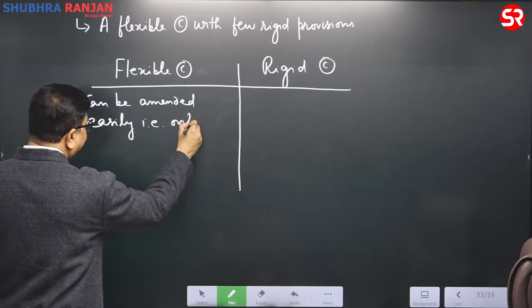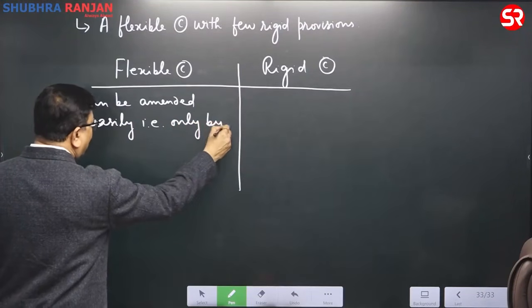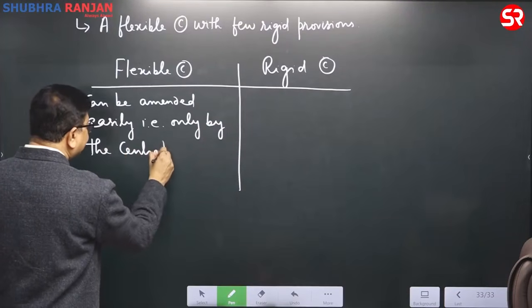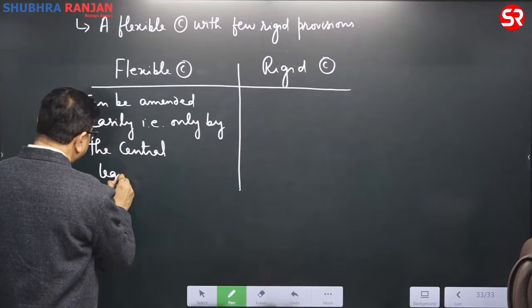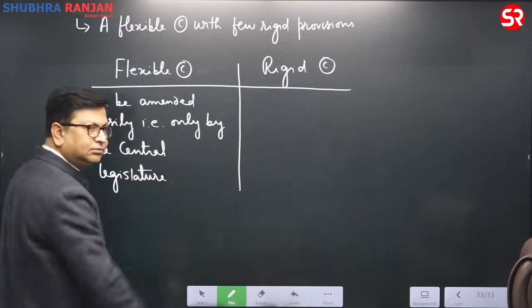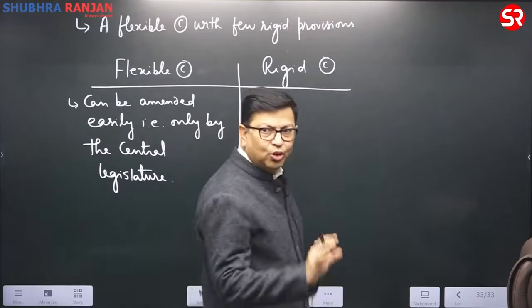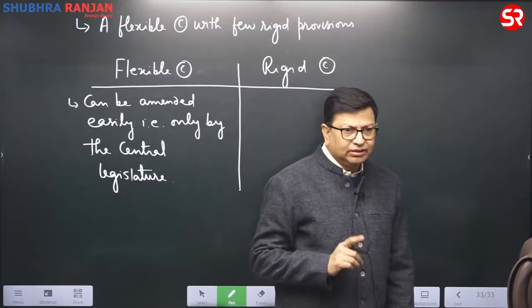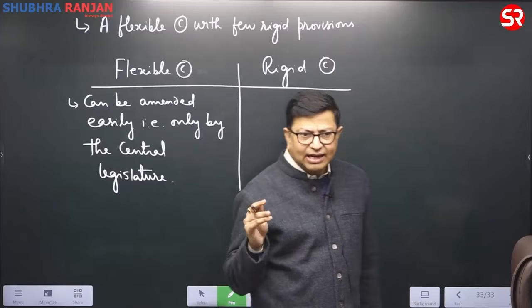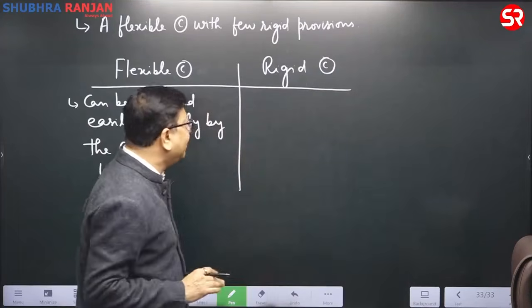That is, only by the central legislature. No role of the states. The central legislature will pass the bill, the head of the state will sign it, and the provision will be amended.